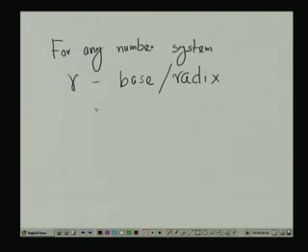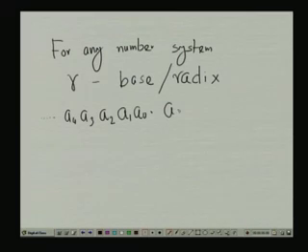So, say I have one number in any number system whose base is R, with digits A0, A1, A2, A3, A4 and so on, and after the decimal point it has some A minus 1, A minus 2, etc.